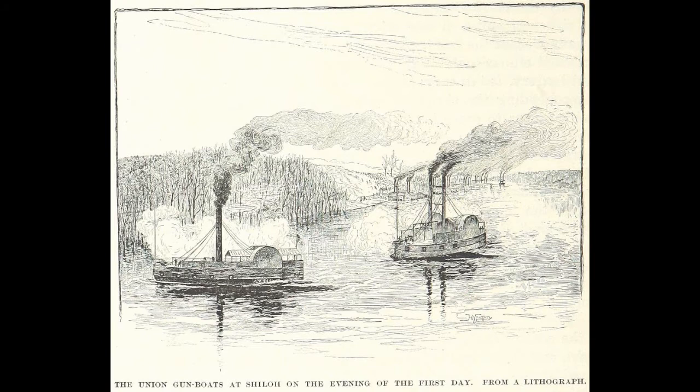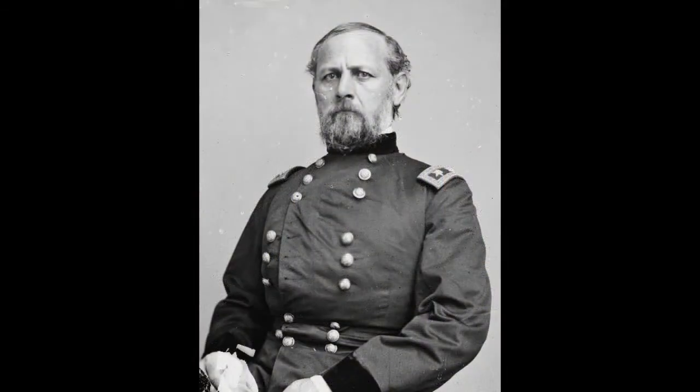The Tennessee River was a large enough river that it allowed riverboats to move up and down it, and he was able to bring troops to Pittsburgh Landing down in southern Tennessee and hold them there while he waited for Don Carlos Buell's Army of Ohio to show up.